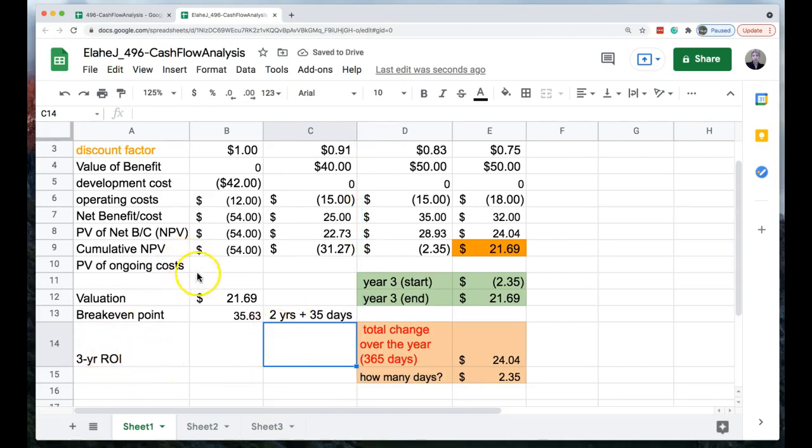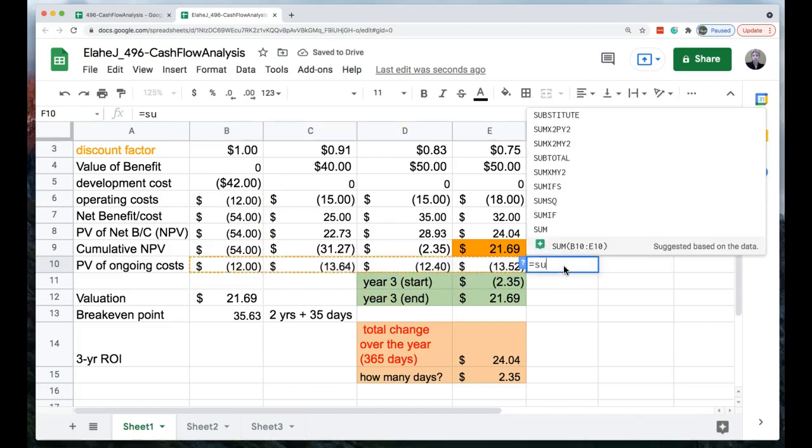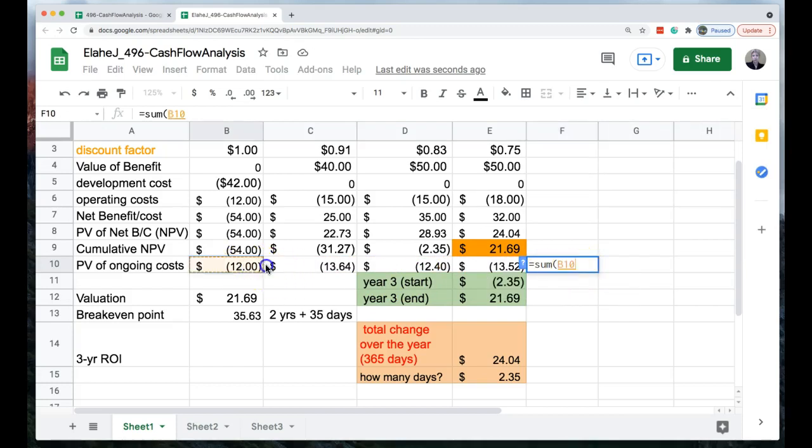For return on investment, I need to get present value of operating cost. For present value of operating cost, I get the operating cost multiplied by the discount factor and drag this one to the right. I get a total of present value of operating cost because I want to know over years how much I will end up spending on my operations, and these are information systems operations.